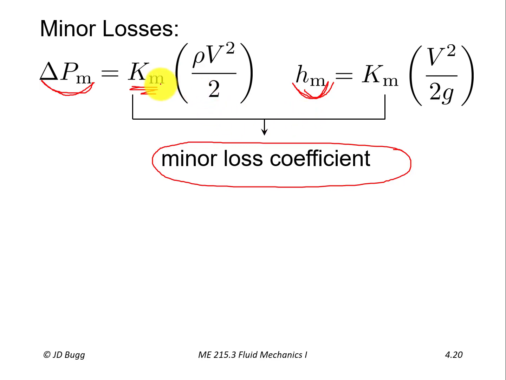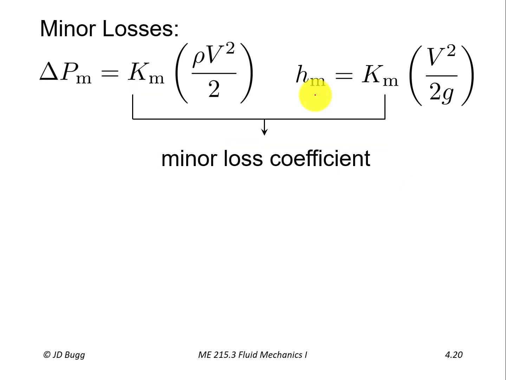Well, realize the minor loss coefficient that we use in those two cases is exactly the same. It's exactly the same number. So once we've determined a minor loss coefficient for a particular fitting, we can use it to calculate the pressure loss or the head loss, whichever one is appropriate for the calculations that we happen to be doing.